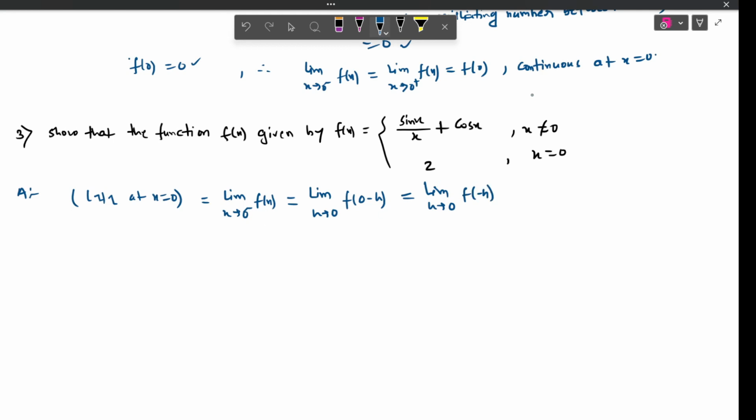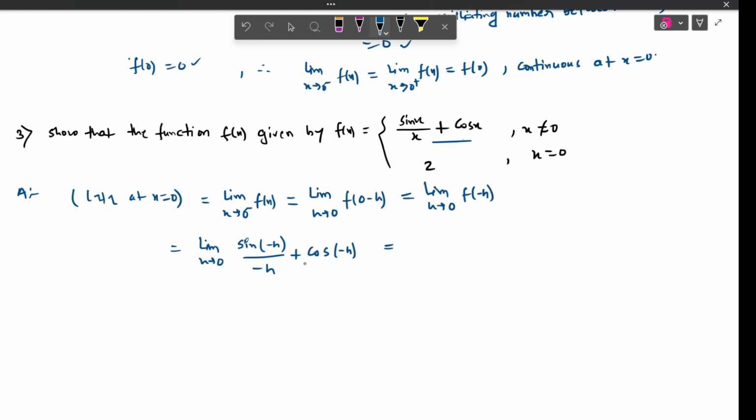So for left hand limit and right hand limit, you have to take this function. So limit h tends to 0, you have to put in place of x minus h. So sin of minus h by minus h plus cos of minus h.